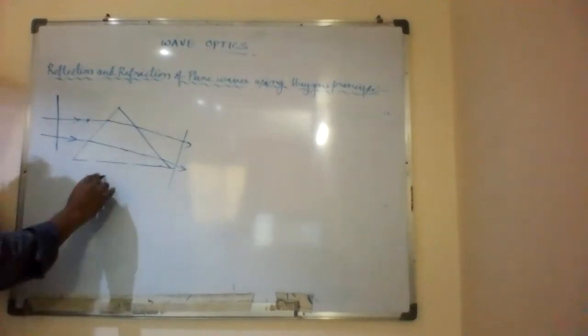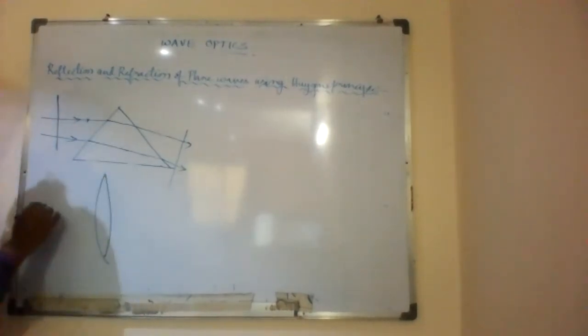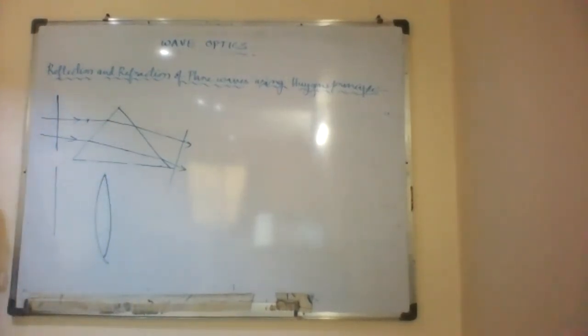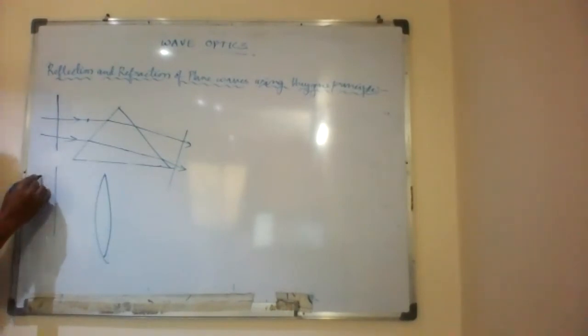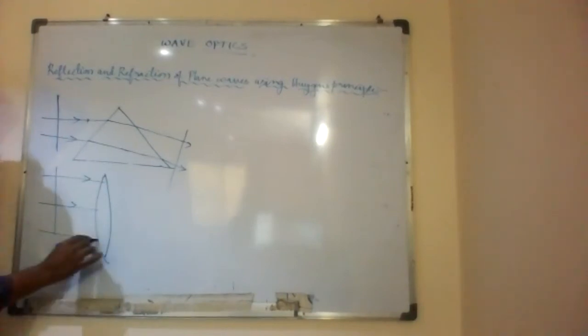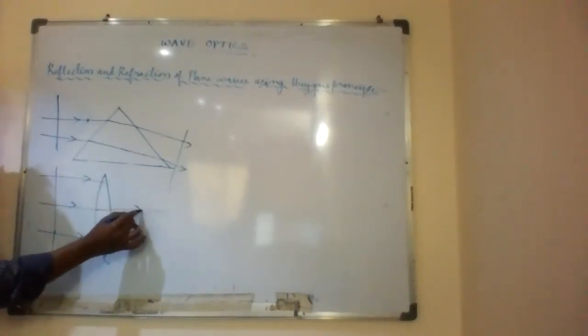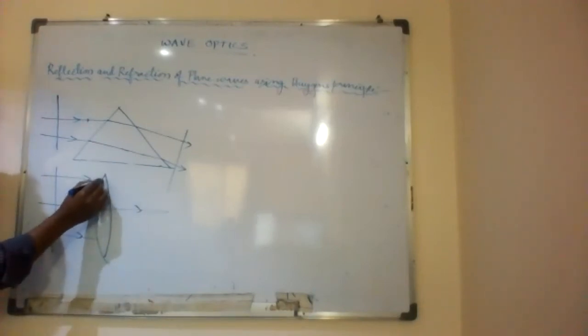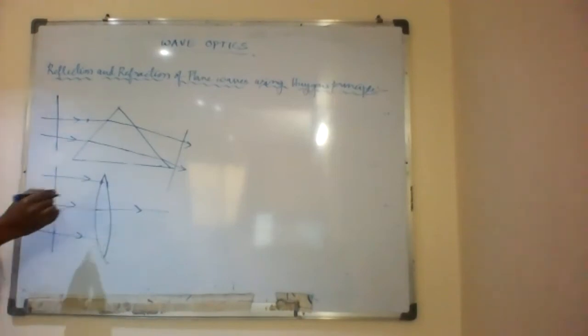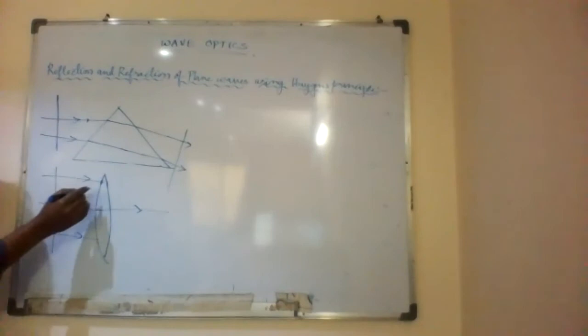Now, for the lens, again, this is the wavefront. So these are the rays. Three rays I have taken. This goes straight. So what will happen here, inside? The wavefront is outward, no?